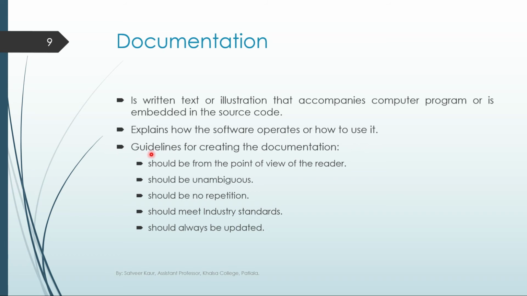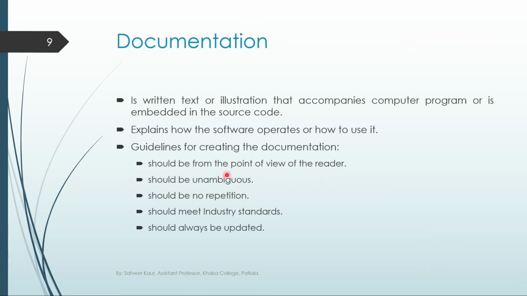A few guidelines for creating documentation. It should be from the point of view of the reader, because the programmer already knows what he has done. But if after coding any reader is reading that code, he must know what code, statement or block is performing what task.